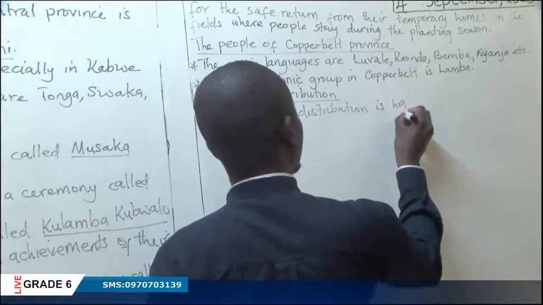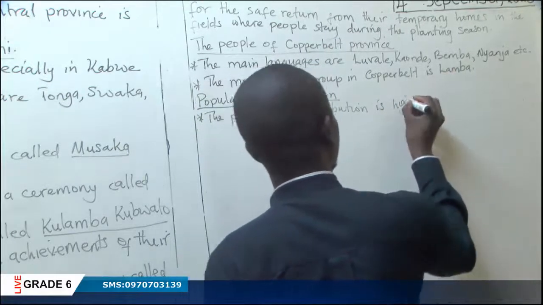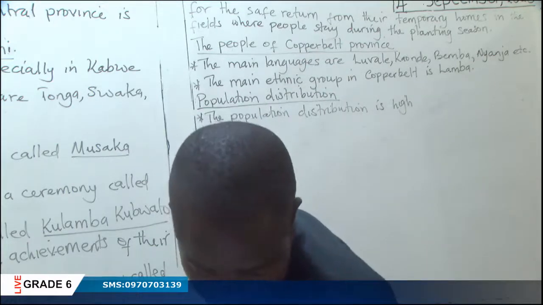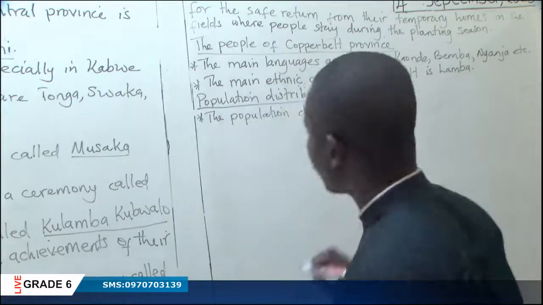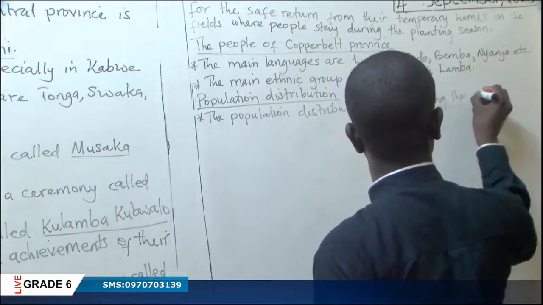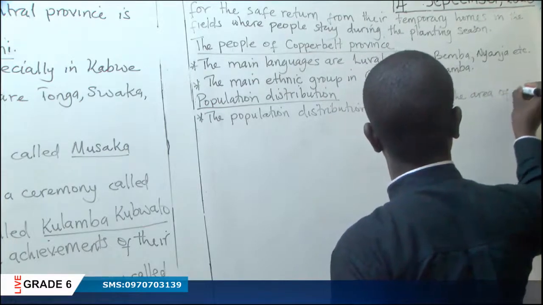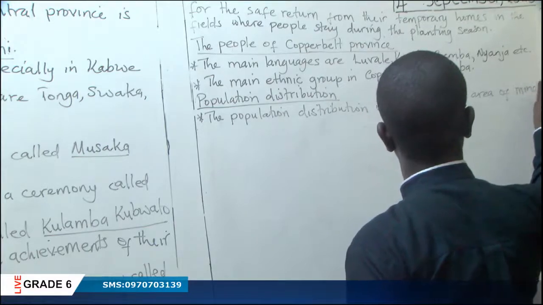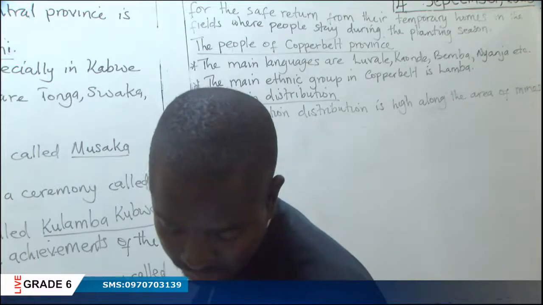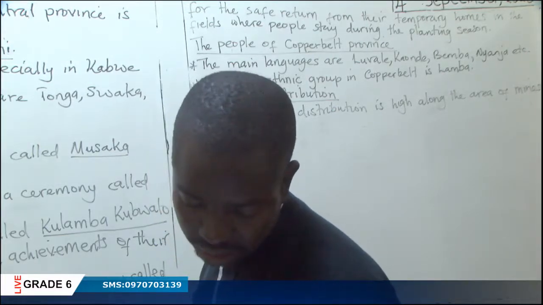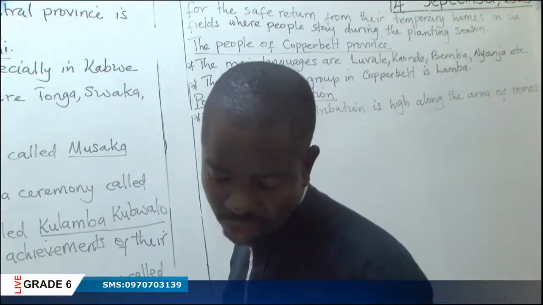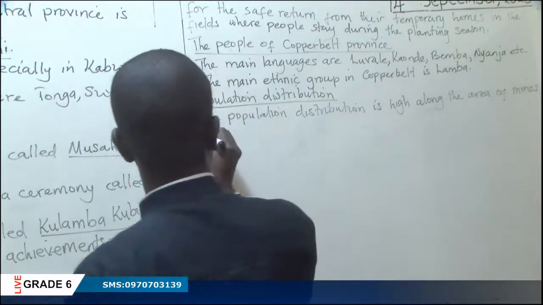The population distribution, boys and girls, is high along the area of mines, okay? In the northeast. The rest of the province has a medium population density of 5 to 18 people, okay?